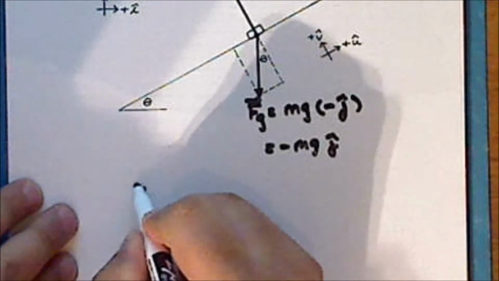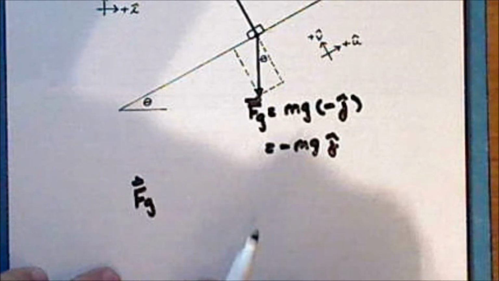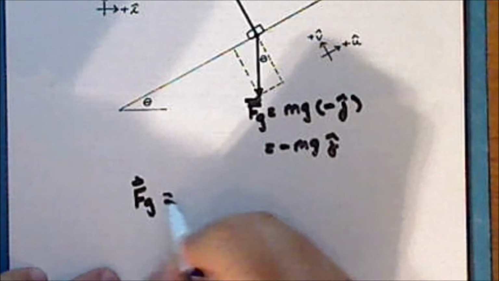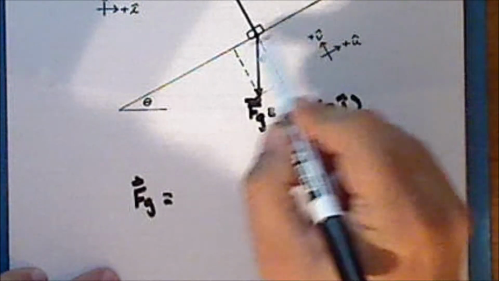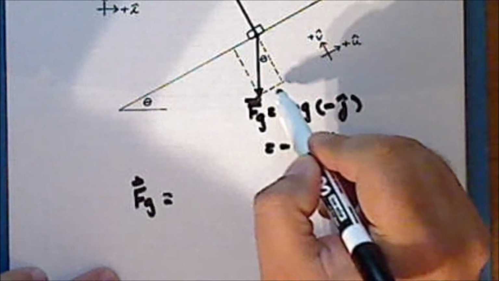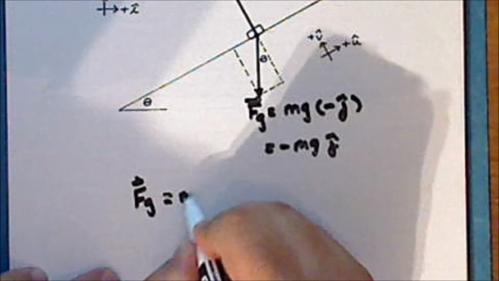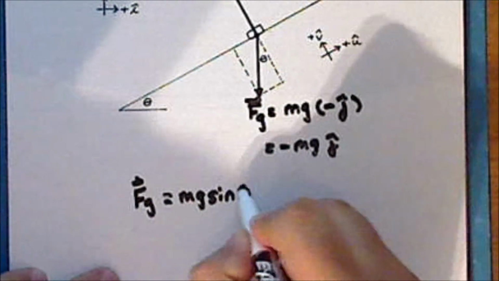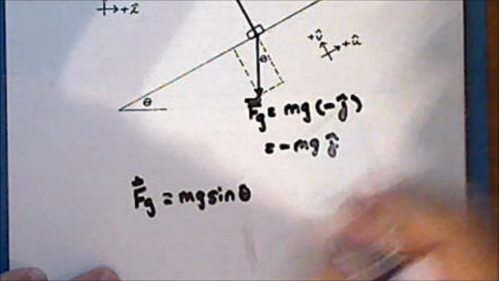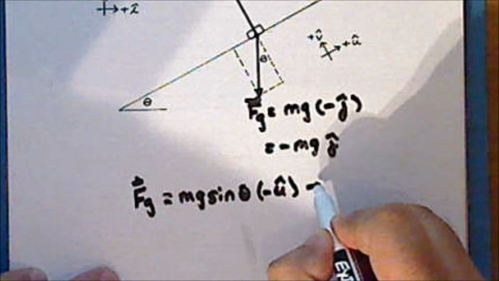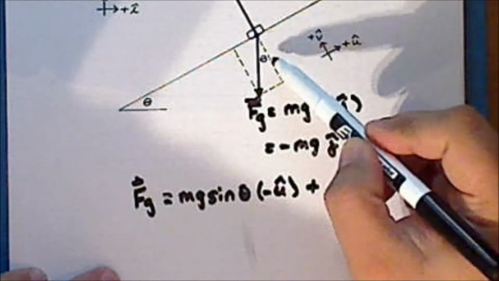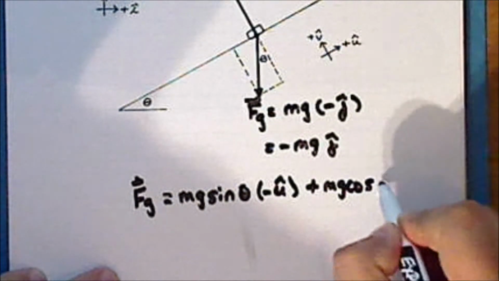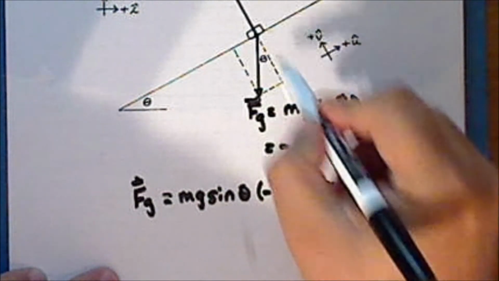And so we can rewrite the components of the gravitational force in terms of the uv coordinate system, so that we have a component parallel to the plane with a magnitude of mg times the sine of theta, in the direction of negative u hat, and a component perpendicular to the plane with magnitude mg cosine theta in the direction of negative v hat.